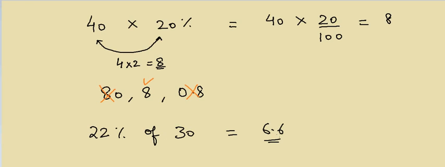And I know that 660 is not possible, 66 is not possible, 6.6 is possible, 0.66 is not possible. So it has to be 6.6. Or if you're good at it, you can also cancel the zeros by yourself.